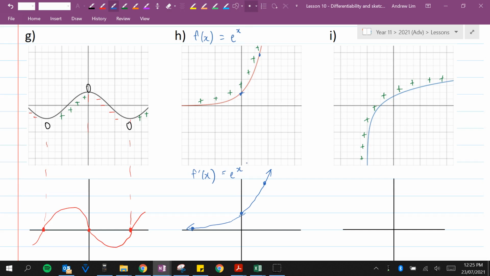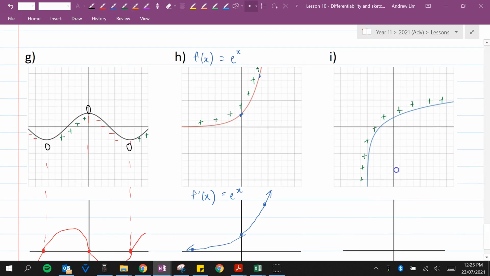Okay, part I, we've got f of x here, and you'll notice, hey, exactly the same as h. It's always sloping up, never sloping down. There's nowhere where the gradient is horizontal. So how are we going to graph this one? Is it going to be the same as h? Well, again, we need to think about the steepness of these gradients.